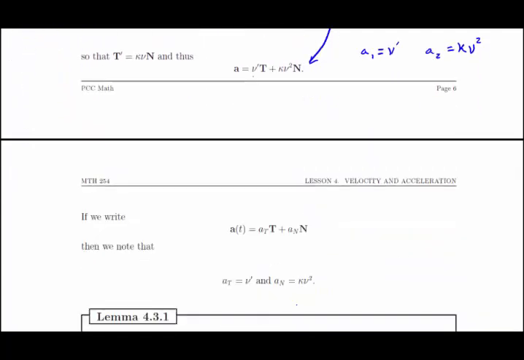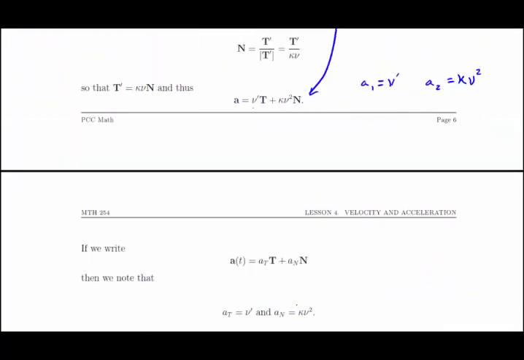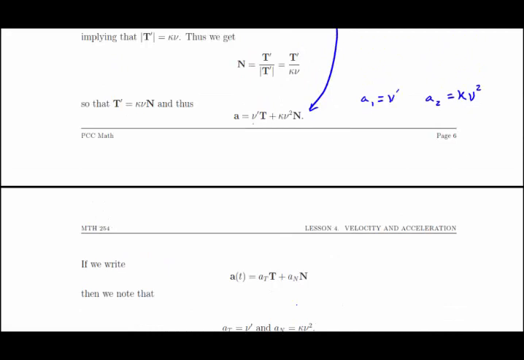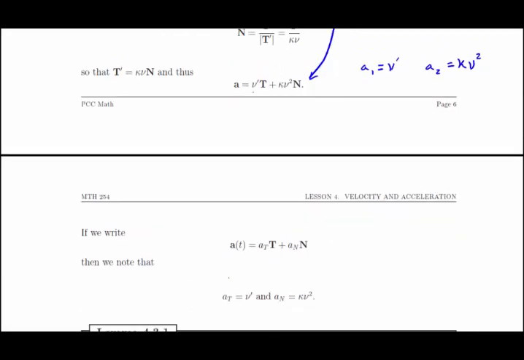If we keep going here, this is essentially saying the same thing. They said a1 is a in the tangent direction and a2 is a in the normal direction. So we have the component. So let's draw that picture again.